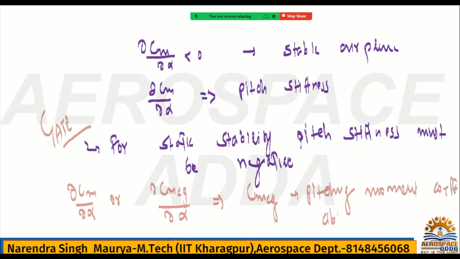About CG, about center of gravity. Now onward, you have to say ∂Cm,CG/∂α. Because if you write pitching moment coefficient, also okay, no problem. But pitching about what point? So you have to say pitching moment about CG. That's all. Okay, done. This is one thing.